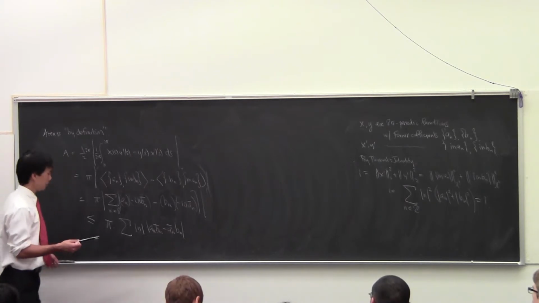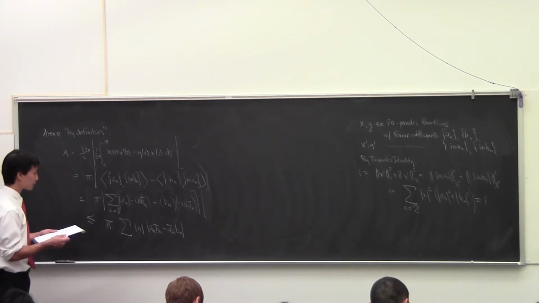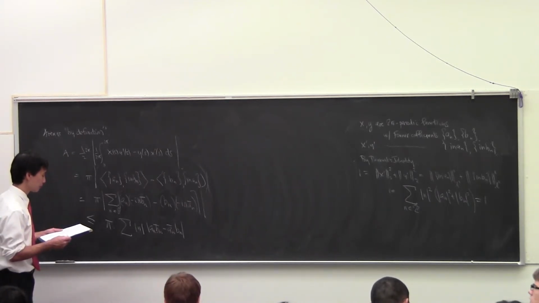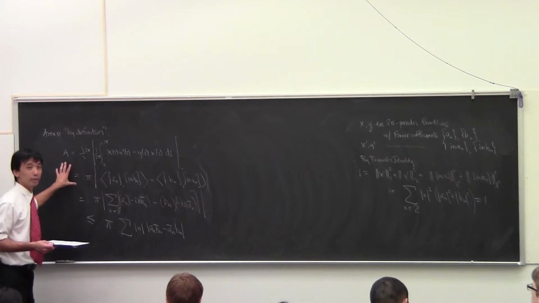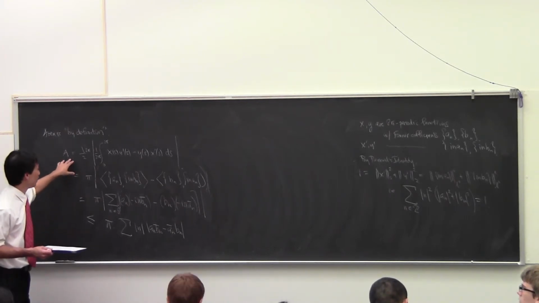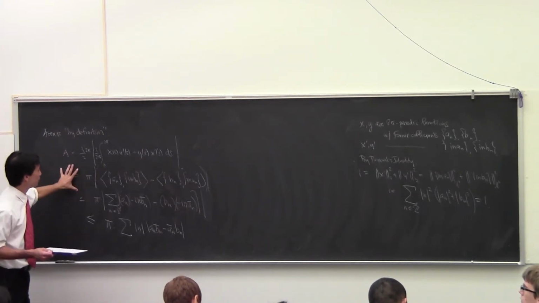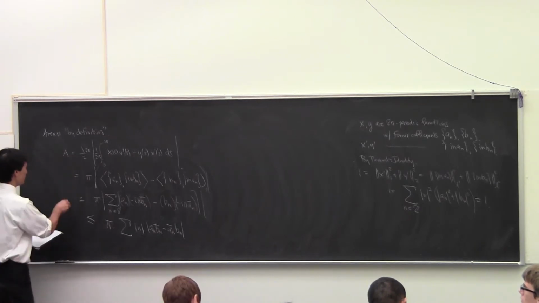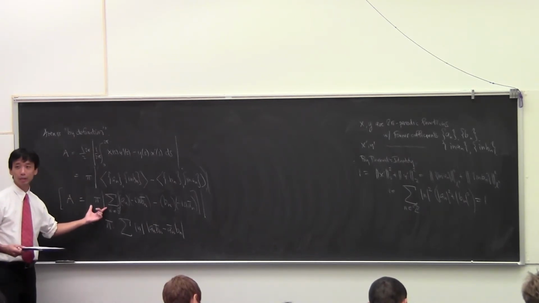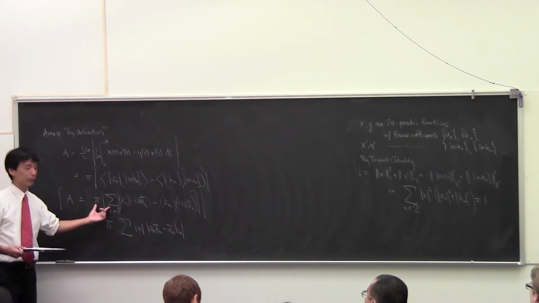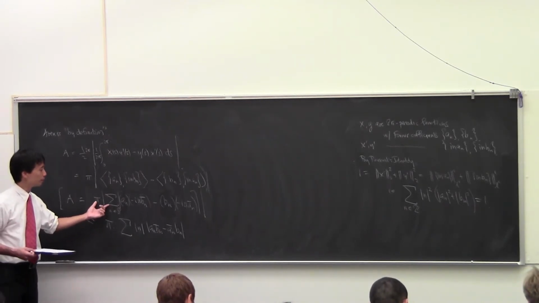Okay. So, right, we use Parseval's identity again on what the area is. We translate the definition of area into a statement about the Fourier coefficients, and then we go onwards.